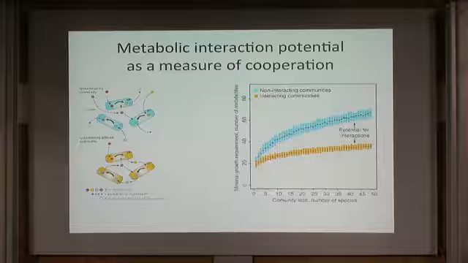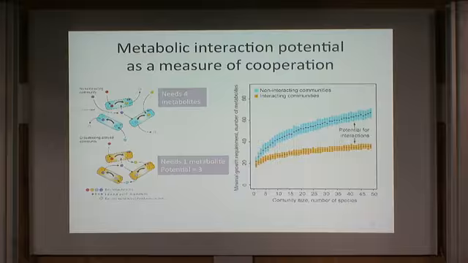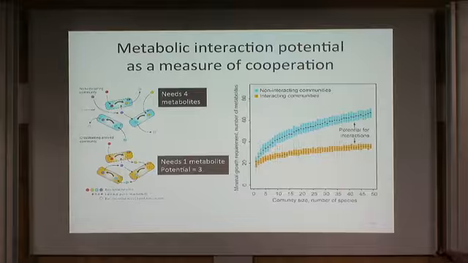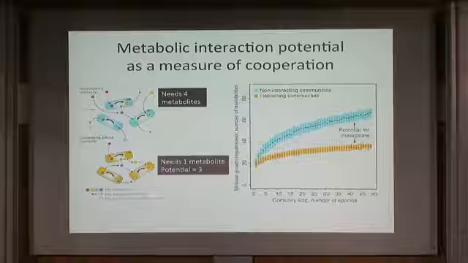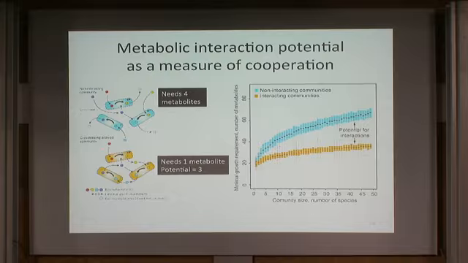They have slightly different requirements, but basically, if the community does not interact, it needs 4 external metabolites in order for all of these species to grow there. In the other case, it would need only 1 metabolite. So potentially they could exchange these 3 metabolites by complementing each other.